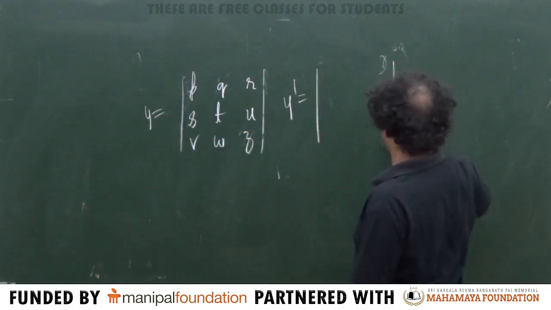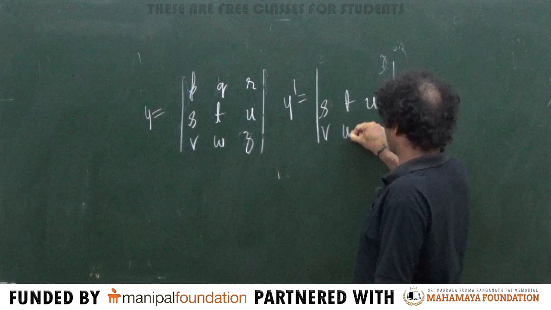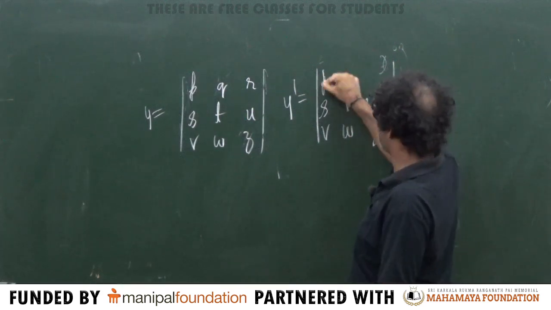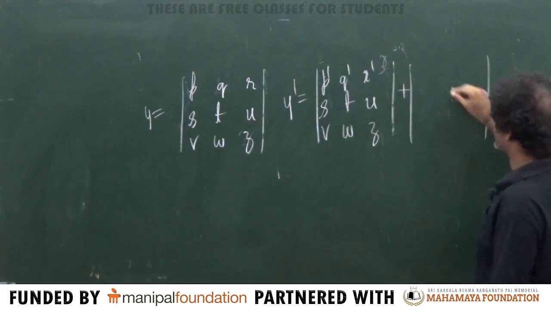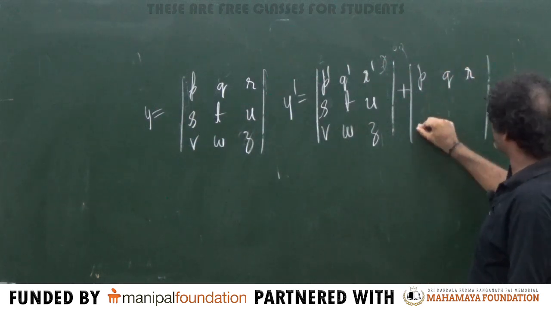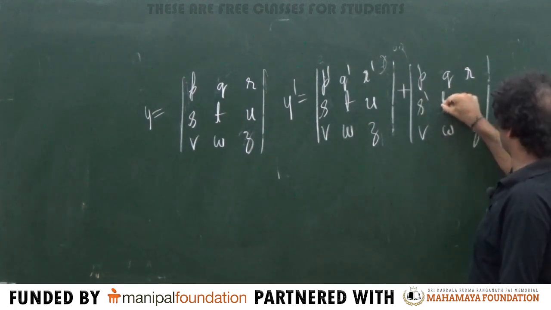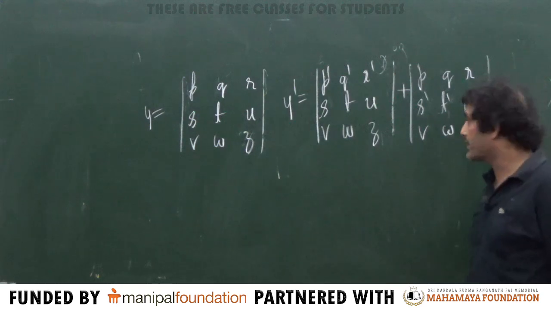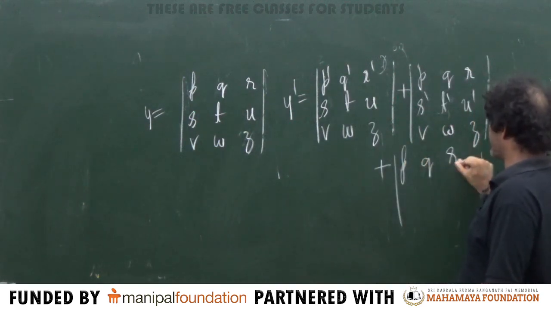What you do is second line write as it is. First line you differentiate p dash, q dash, r dash plus write first line as it is. Third line as it is. I think you got the point. Second line you differentiate. All right, no? And last one, first two lines write as it is.